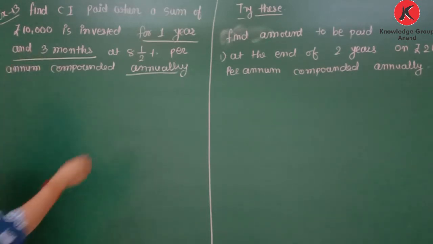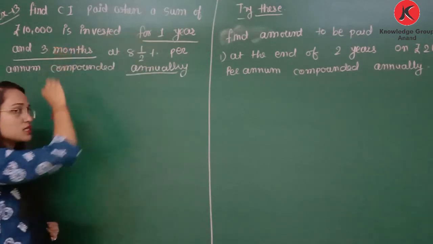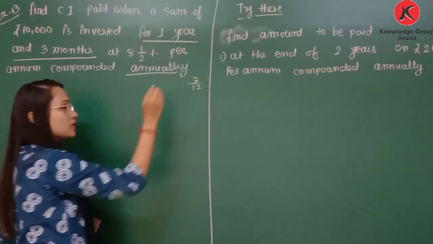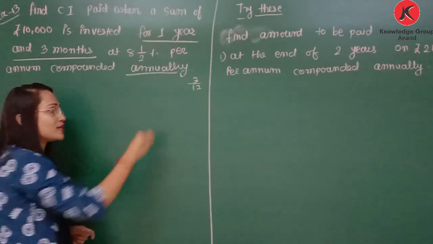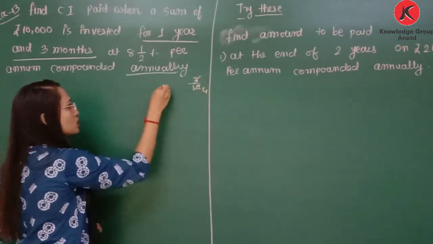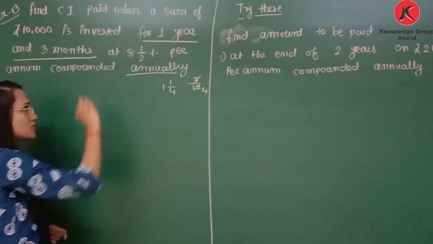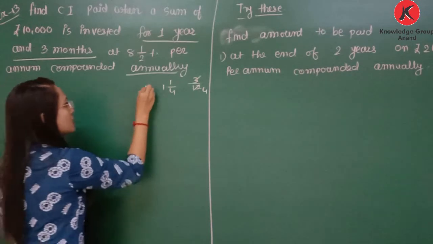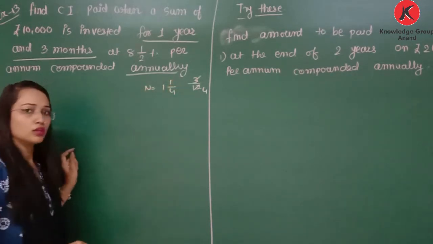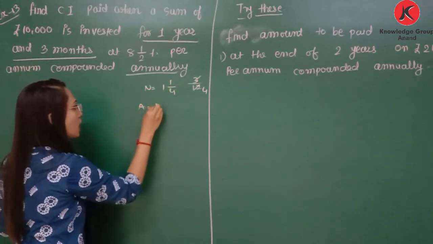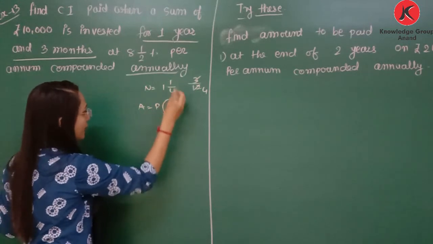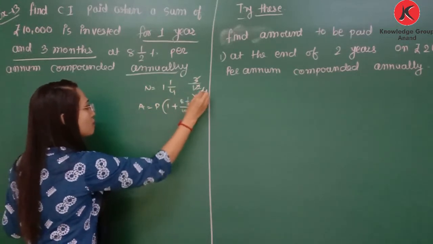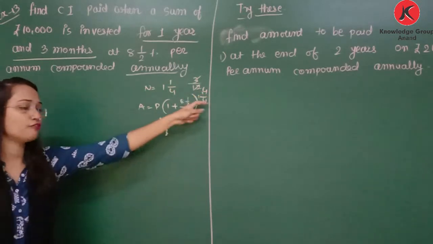But if we use this 1 year and 3 months, now what does 3 months mean? From 12 months as a fraction we can write 3/12, so it is 1/4. So it is 1 and 1/4 that represents 1 year and 3 months. But if we use n equal to 1 1/4, then in our equation P times 1 plus rate of interest 8 1/2 divided by 100, with n being 1 1/4, now this is in fraction form.